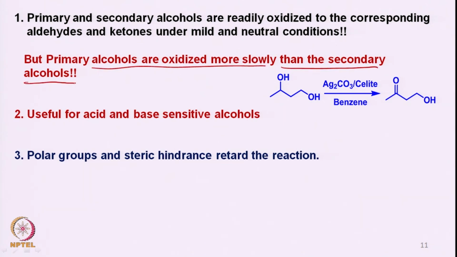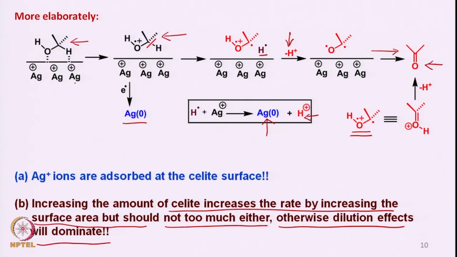At the same time, as I explained earlier, allylic or benzylic alcohols are oxidized faster than the non-allylic or non-benzylic alcohols, and the reason for that is obviously very clear: we have the formation of a radical here, and that is more easily stabilized when the position is allylic or benzylic.